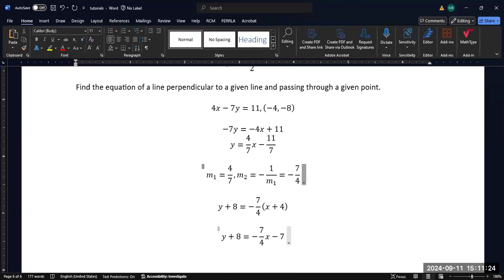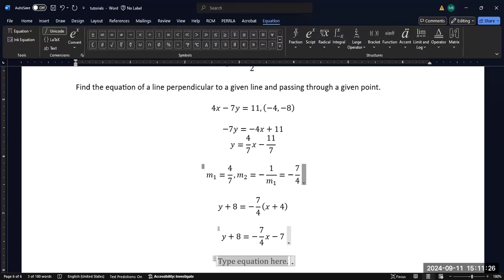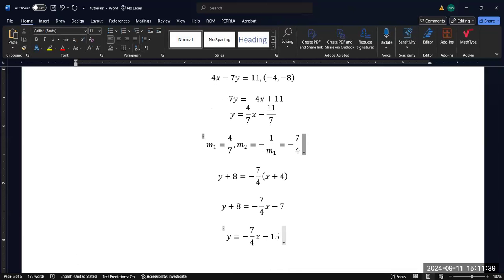And then I subtract the 8 to move it to the other side. y equals 7 over 4 x minus 1. And then again, I could rearrange this and put it back in standard form, but for right now, I'm going to leave it the way it is.